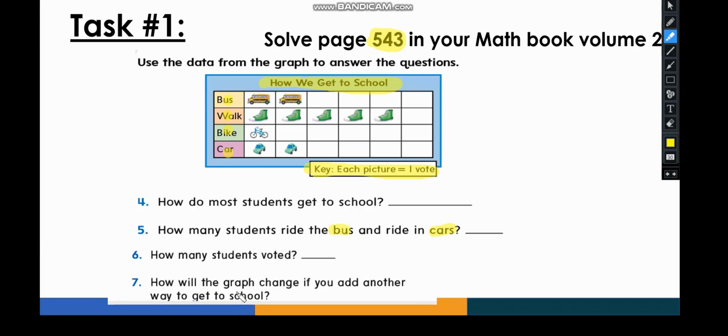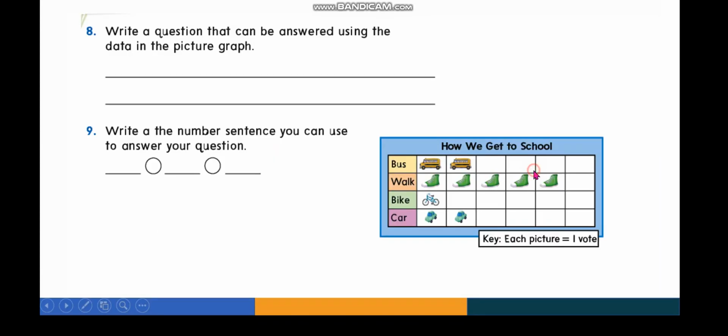How will the graph change if you add another way to get to school? It changes if you have another way to get to school. Okay? Very easy. Write a question that you can answer using the data in the picture graph. Write here one question you can ask about that.